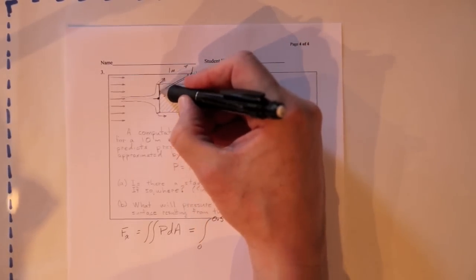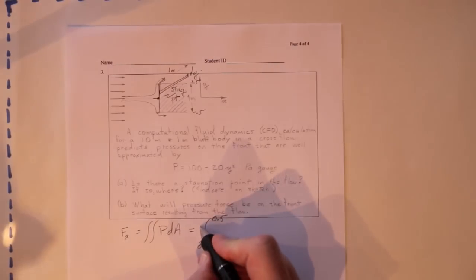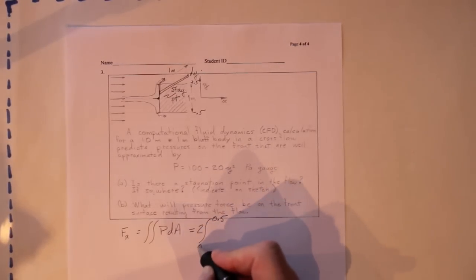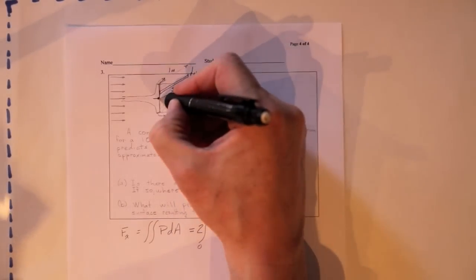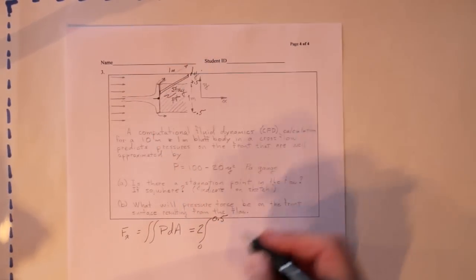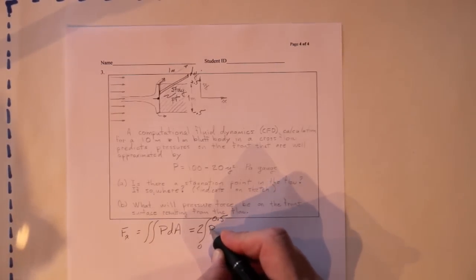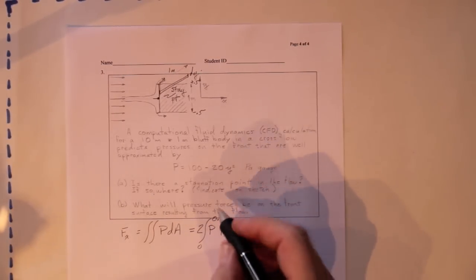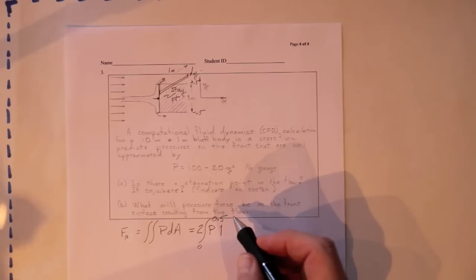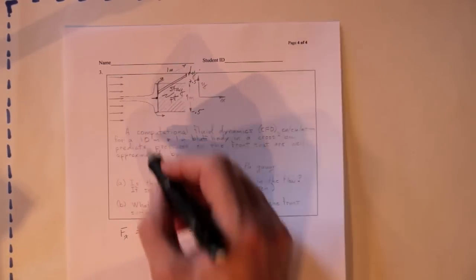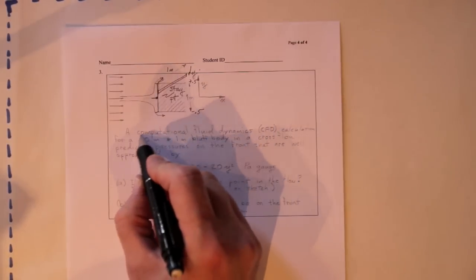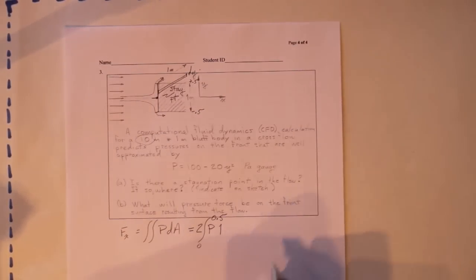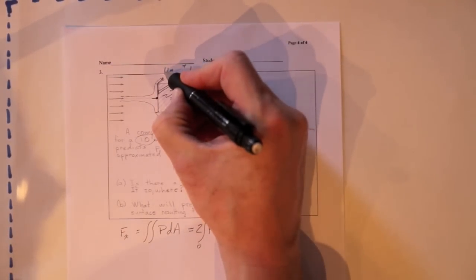And if I'm only going to integrate over this half, I'm going to have to multiply by 2. So 2 times the integral from here to here of the pressure times the width, in this case 1 per 1 meter width. Oh, hang on, it told me it's 10 meters wide. Better read the question carefully. 10 meters wide.